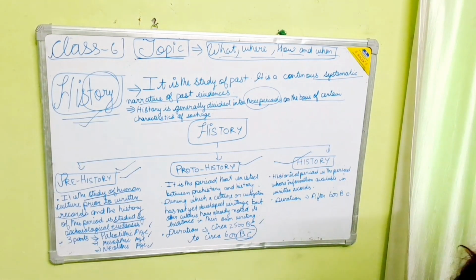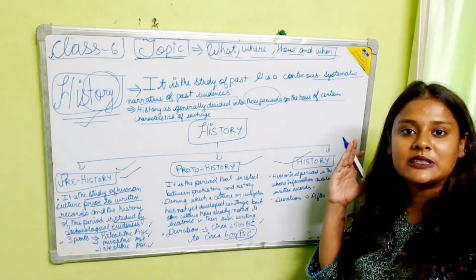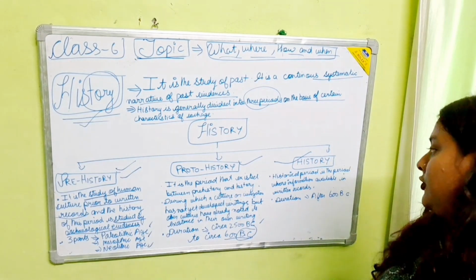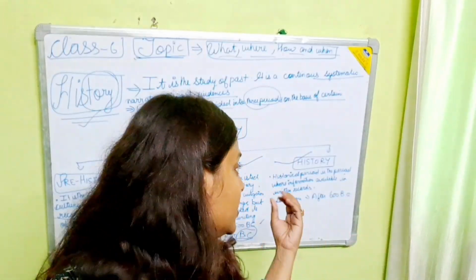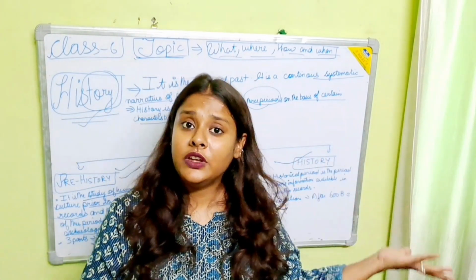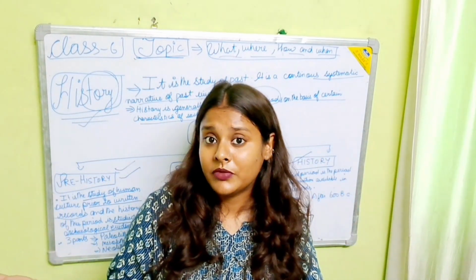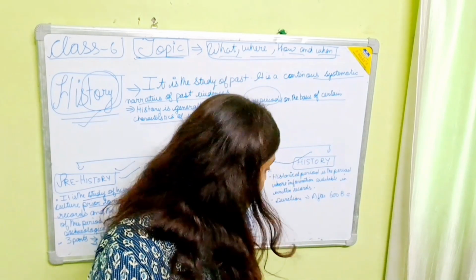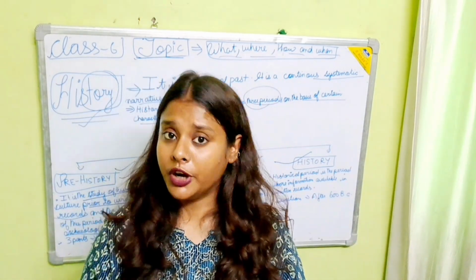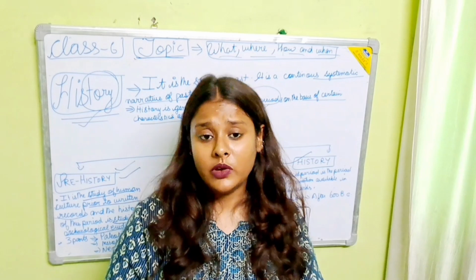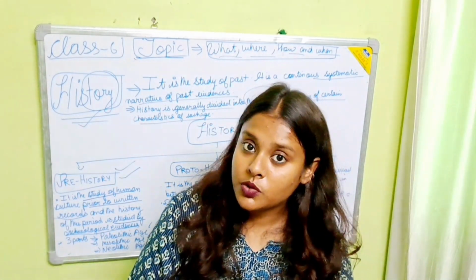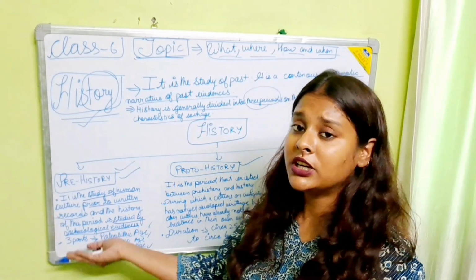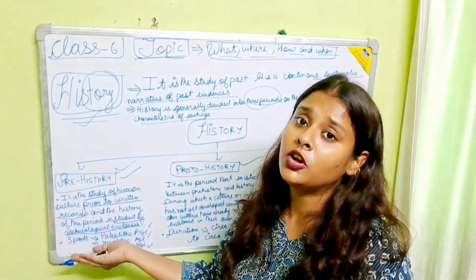Now the historical period is the period whose information is available in written records. When we talk about history, it is the study of events of the past, and they have the written records. When we talk about written records, it comes with literature, literary sources. When we talk about prehistory, it can be only studied through archaeological sources.